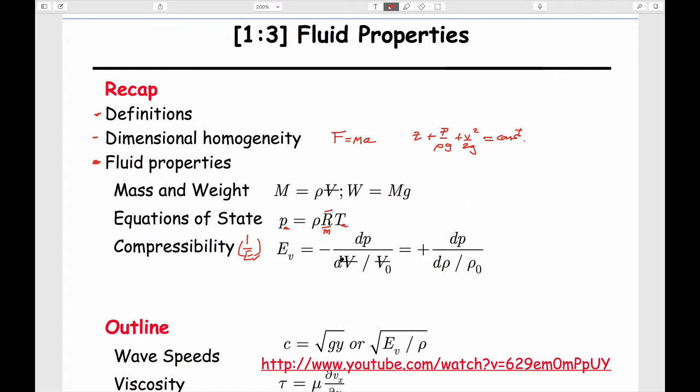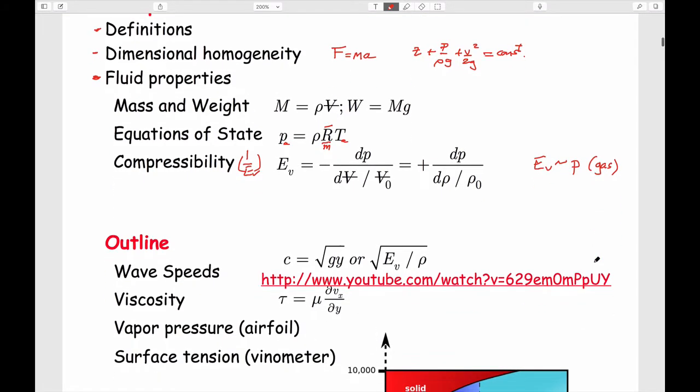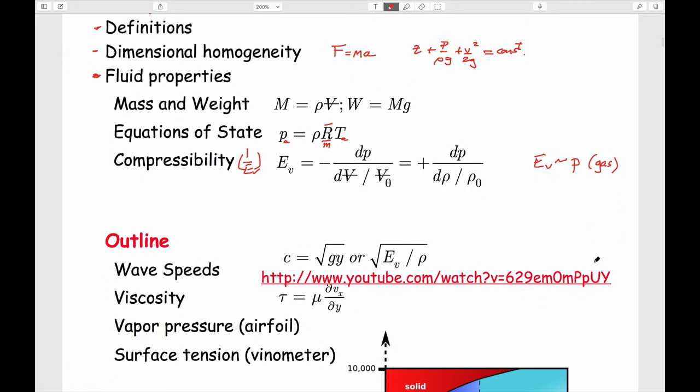I guess we discovered last time that the bulk modulus for a gas is approximately equal to the pressure, and so it varies with pressure. It seemed like maybe an esoteric thing to talk about, but we'll see how we deal with that today.